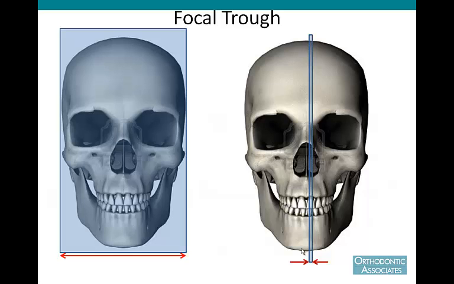If you take a look on the right, we can reduce that focal trough to about 0.2 of a millimeter using cone beam CT, therefore eliminating the superimposition of the various structures that interfere with clearly seeing the amount of bone support to an individual tooth.